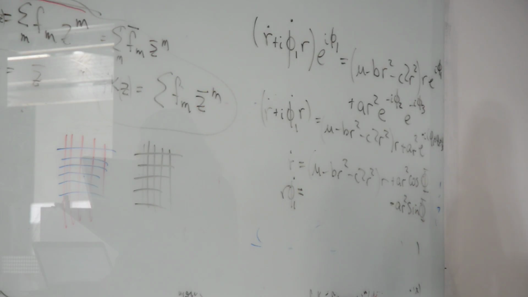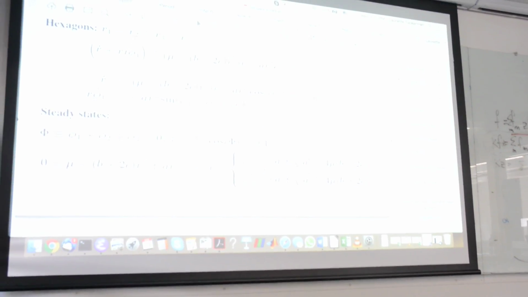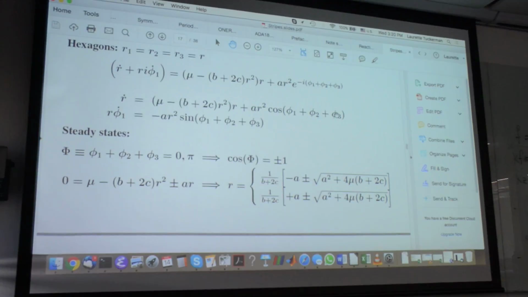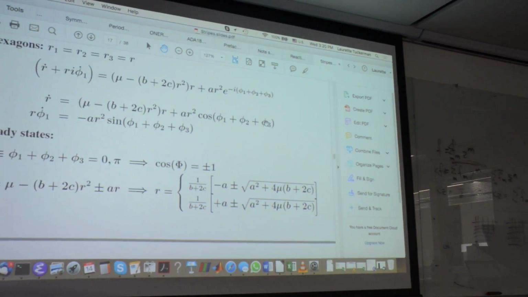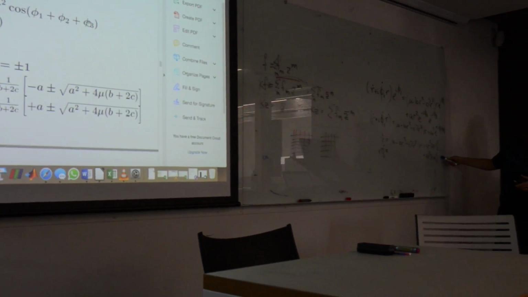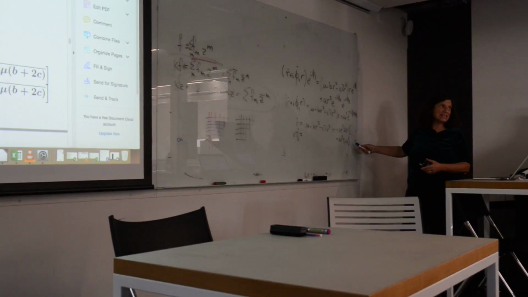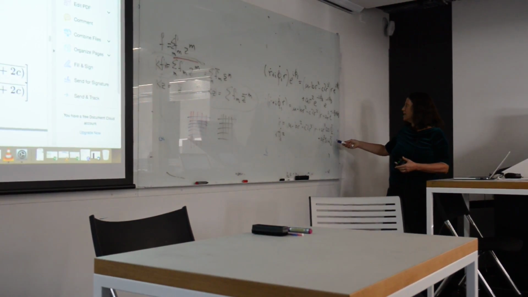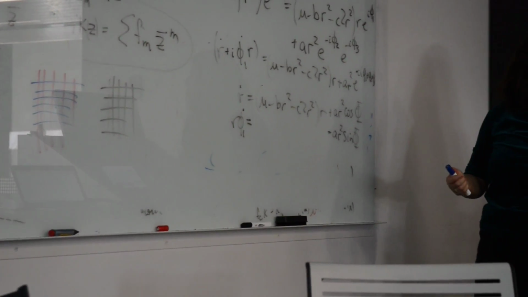So now, if I'm looking for steady states, there are two possibilities. First of all, if I want this to be 0, I better have sine phi being 0. I'm looking for steady hexagonal states. Sine phi can be 0 in two ways.